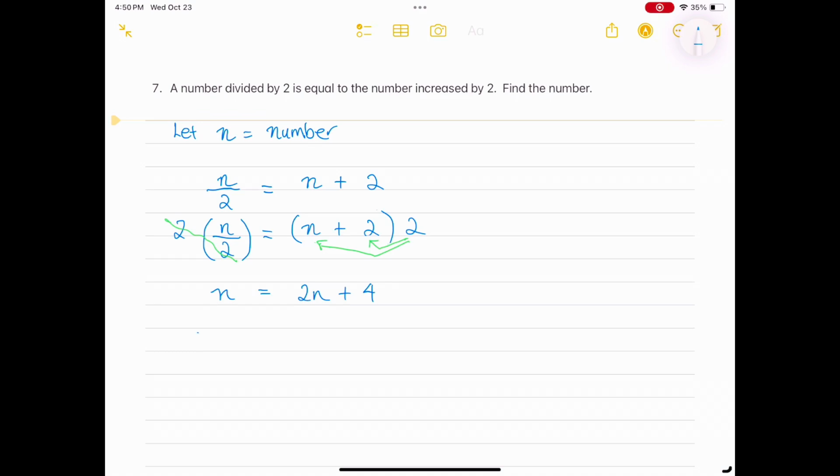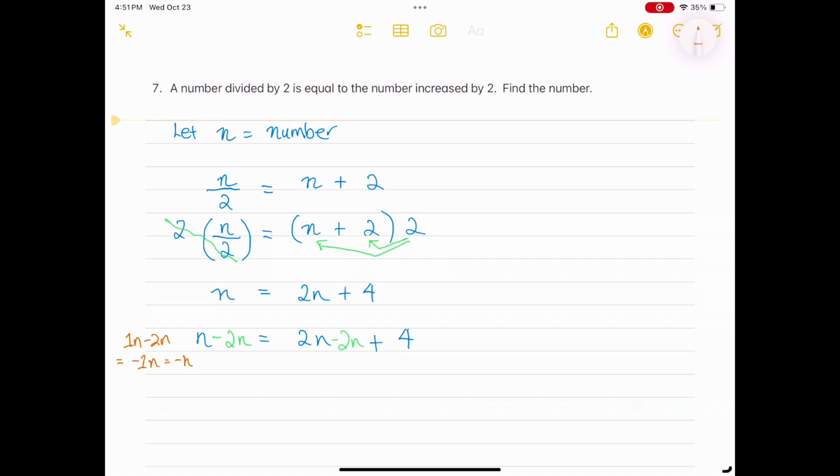In order to prevent crowding my work, I will rewrite this equation, leaving plenty of space to show work. So now I can write minus 2n on both sides of the equation. On the left-hand side, n minus 2n equals negative n. You can think of it as 1n minus 2n equals negative 1n.